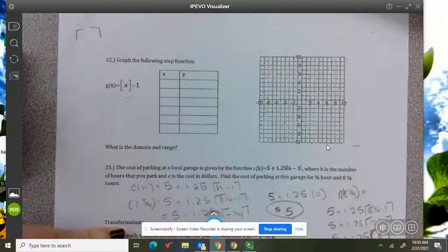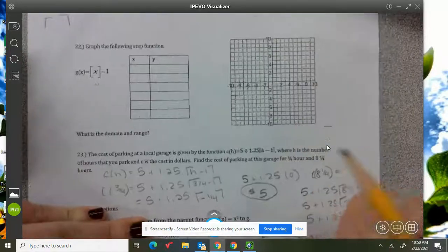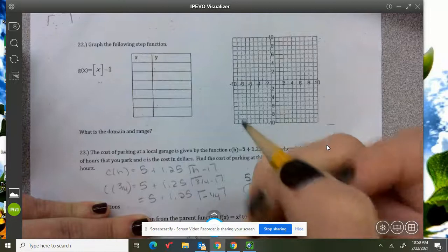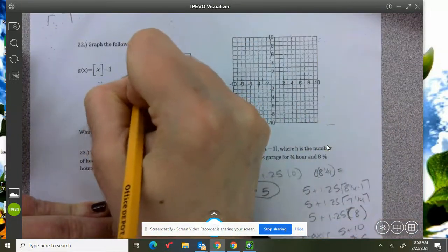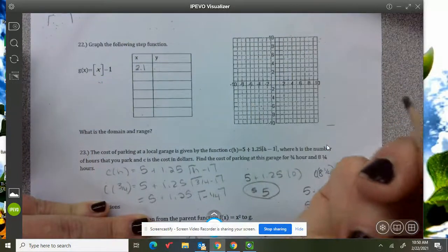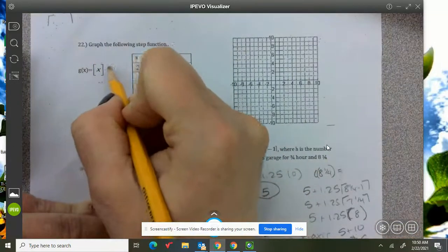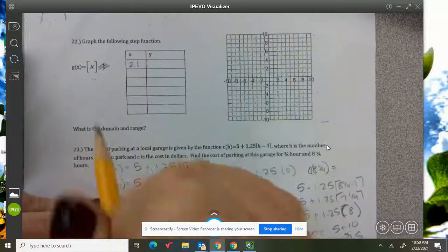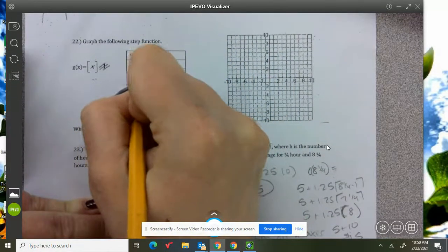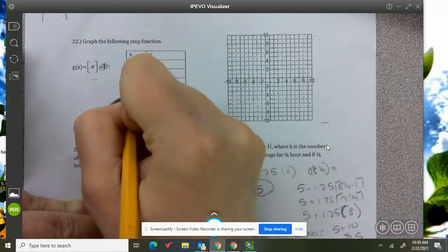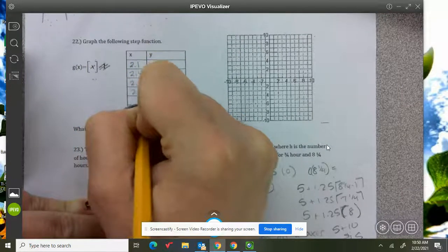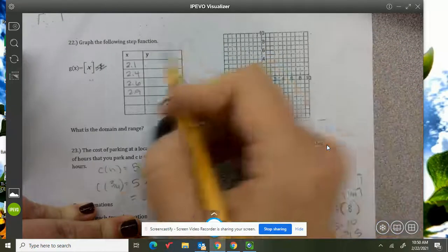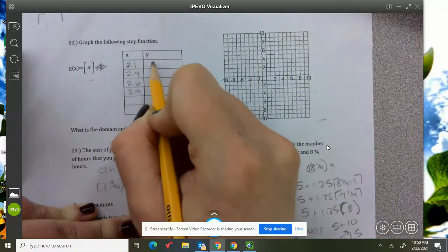So here, let's just take a few numbers. Let's pick 2.1. You know what? Let's just get rid of this 1 for right now. And let's just talk about the rounding down function. Let's talk about 2.1, 2.4, 2.6, 2.9. What would happen when I put those in? So if I put 2.1 in, that's going to round down to 2.